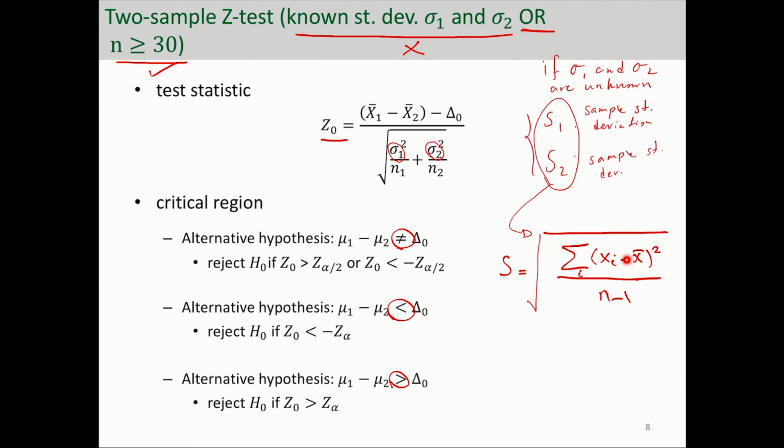And this means you take the difference of your sample data points from the average of the sample, you square them, you sum them up, you divide by n minus 1, which is the sample size minus 1, and take the square root. That's your sample standard deviation. And that was a two-sample z-test using the critical region and the test stat that you have.